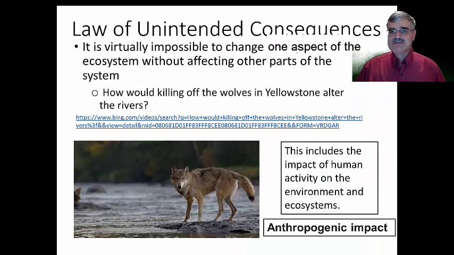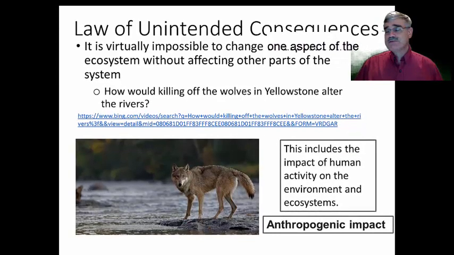Another characteristic of ecosystems is what is sometimes called the law of unintended consequences. That it's virtually impossible to change one aspect of an ecosystem without affecting the other parts of that ecosystem. Whether or not we're talking about changing the biotic, the living system components, or the abiotic, the non-living system components.